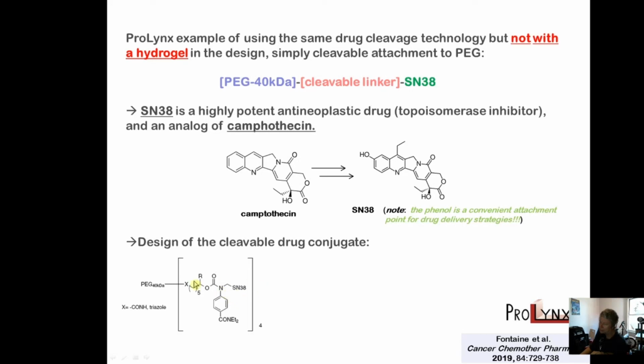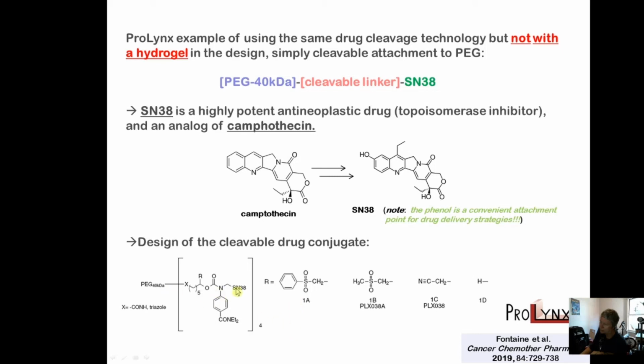Basically what happens is once this cleaves through the elimination process, one of the protons gets removed and then it cleaves, but then this carbamate linkage falls apart, so it makes CO2. CO2 will be generated from this, and this also then is a cleavable linkage. So there's a couple cleavage events, and then SM38 is kicked out and does the anti-tumor type action.